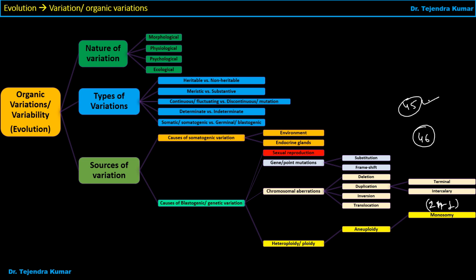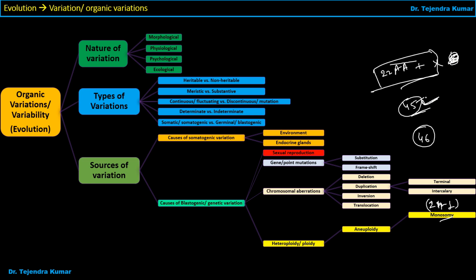So a person who has 45 chromosomes is showing monosomy. This person may have 22 AA plus X, and the second Y or X chromosome is not present here. So how many chromosomes are there? 45. Any of the chromosomes can be deleted.